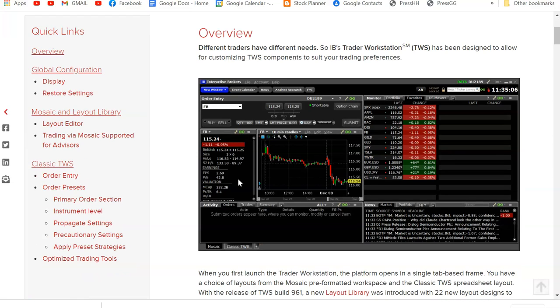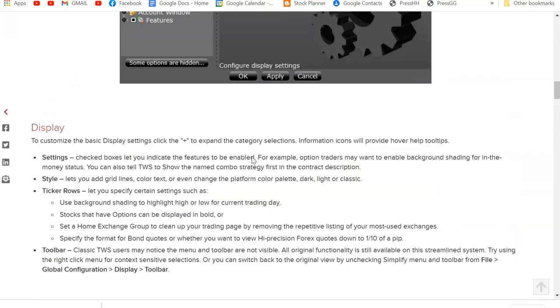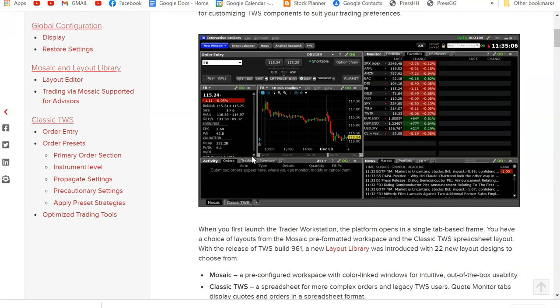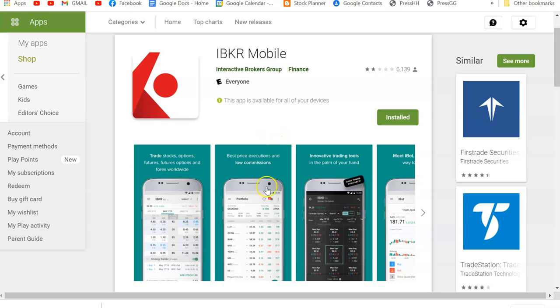It's not easy like Robinhood or Webull. So this is what I would use to place my short trade with MGM on Monday. Interactive Brokers also has a very, very nice mobile app, which I use primarily to enter in stock trades and my option trades.